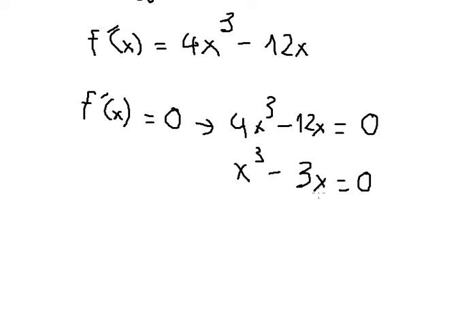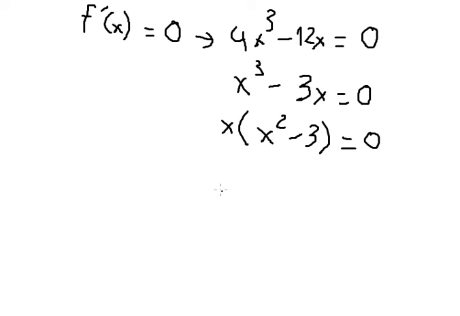And then we can factorize by s. So we have s equals number 0 and s squared minus number 3 equals number 0.